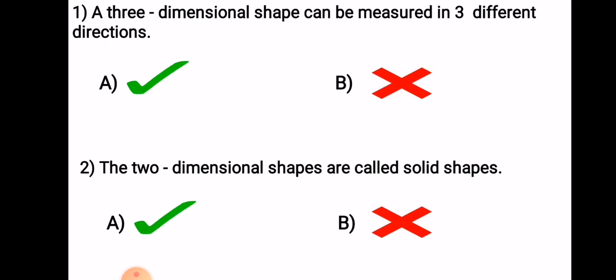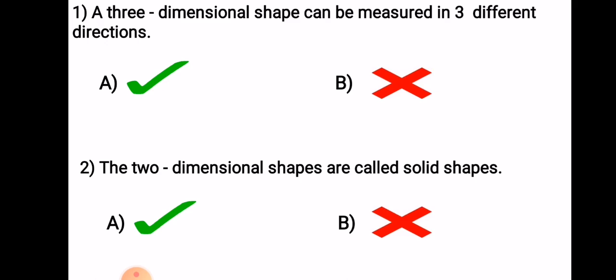Before we answer this question, can you remember what we said about our 3D shapes? As we said, 3D means three-dimensional, and three-dimensional shape means we can measure it in 3 different directions.